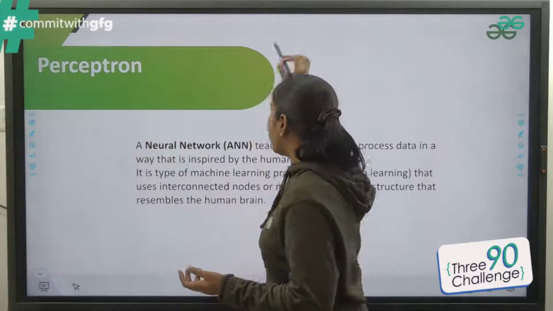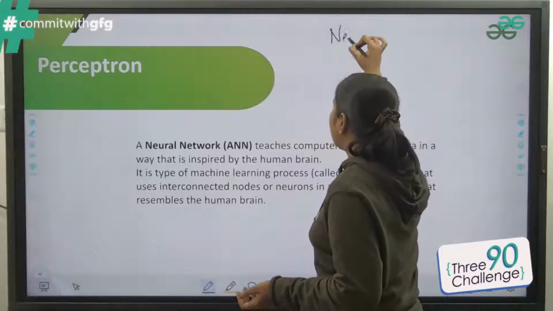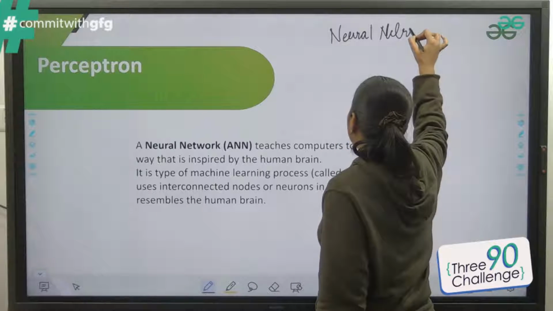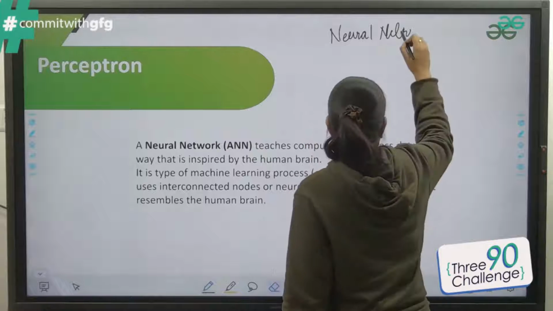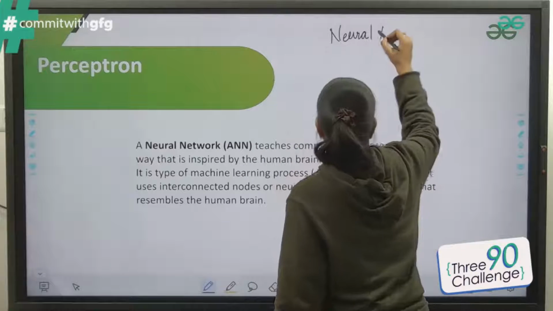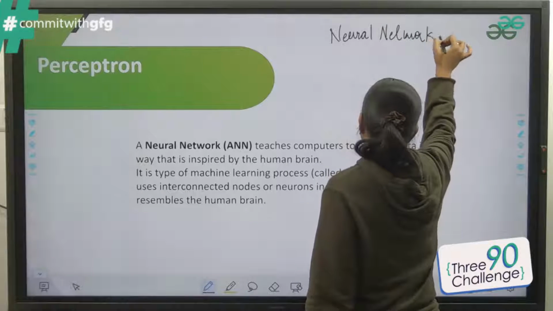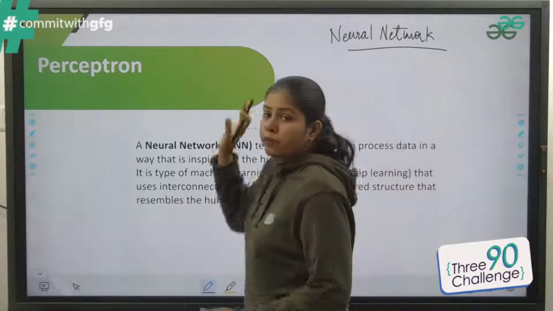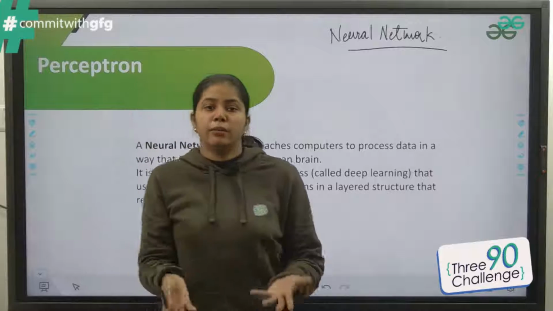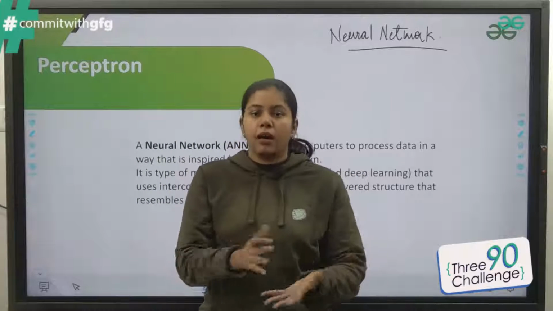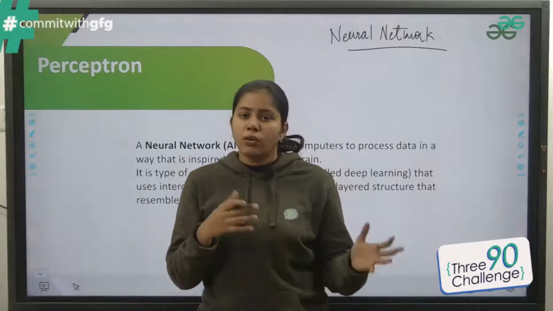So in neural network, we want the machine to mimic the human brain. That neural network would work something like how the human brain works.